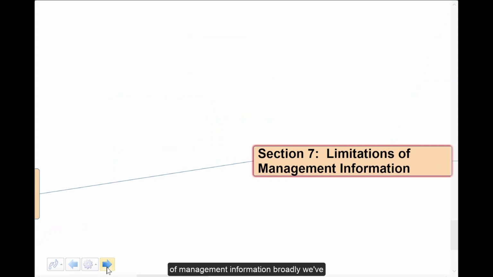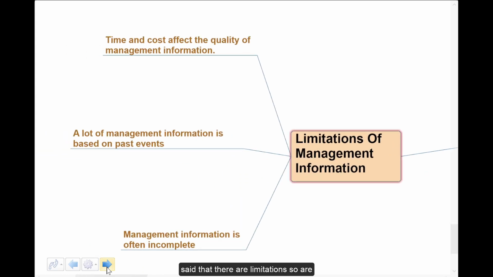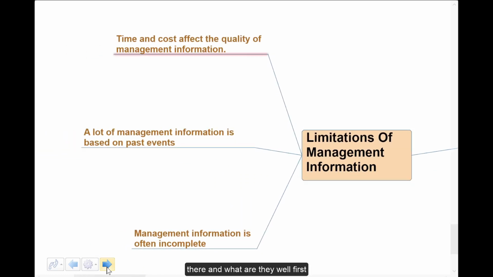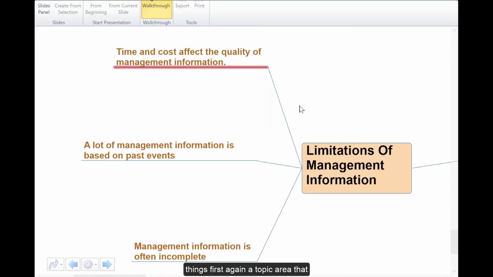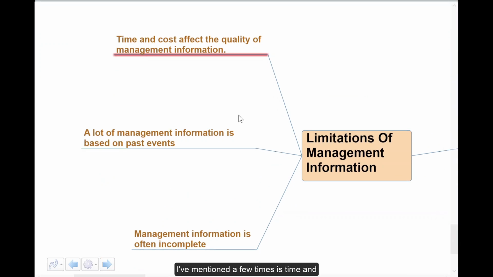Now, in terms of management information broadly, we've talked about a number of different areas so far in this particular mind map. We haven't really said that there are limitations. So are there, and what are they? Well, first things first, again, a topic area that I've mentioned a few times is time and cost.